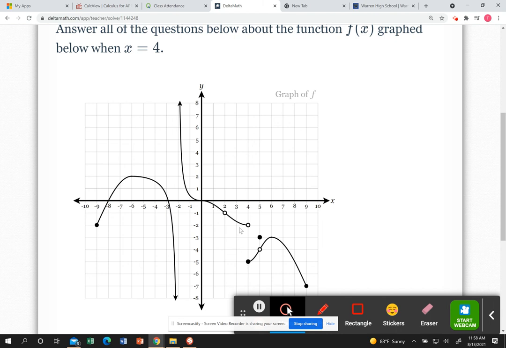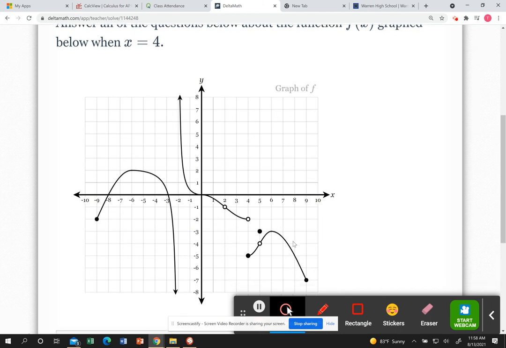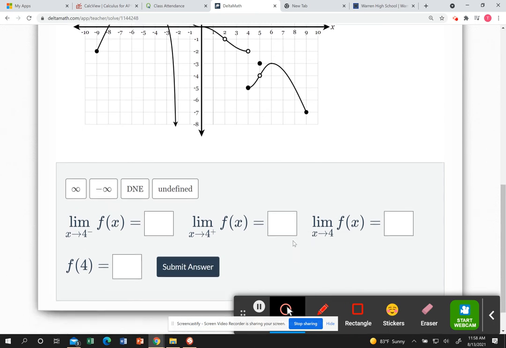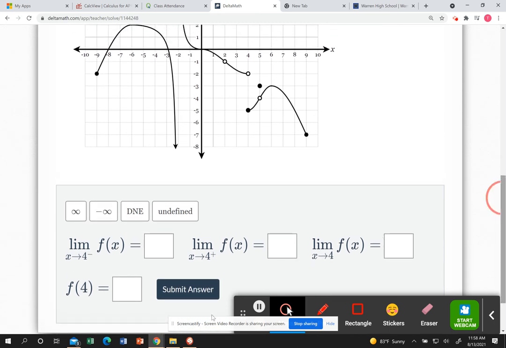Does that make sense? Okay, if you understood what I just said, then we can answer these questions below. Let's think about it. You are approaching positive 4 from the left side. Can someone tell me again, what is your f of x value?